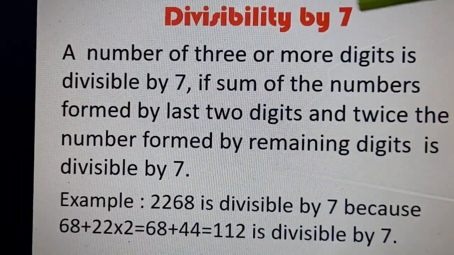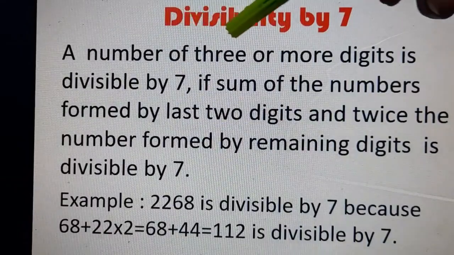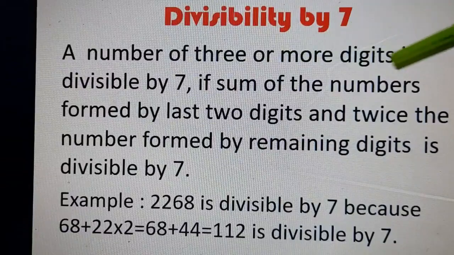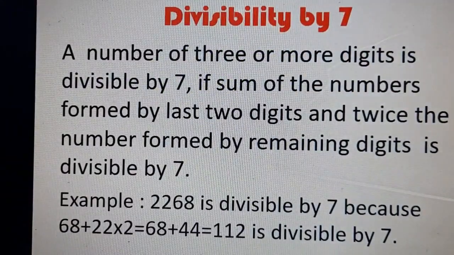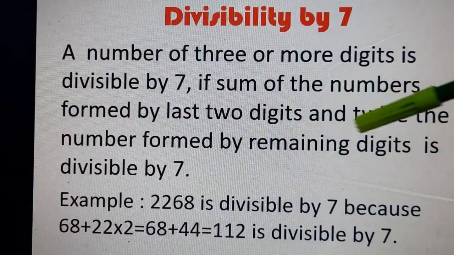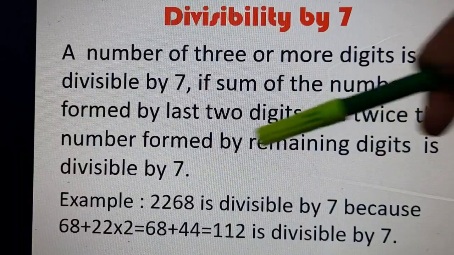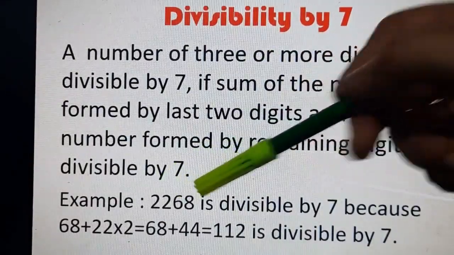Next is divisibility by 7. A number of 3 or more digits is divisible by 7 if the sum of the number formed by the last 2 digits and twice the number formed by the remaining digits is divisible by 7. Let's understand this rule with the help of an example. 2268.